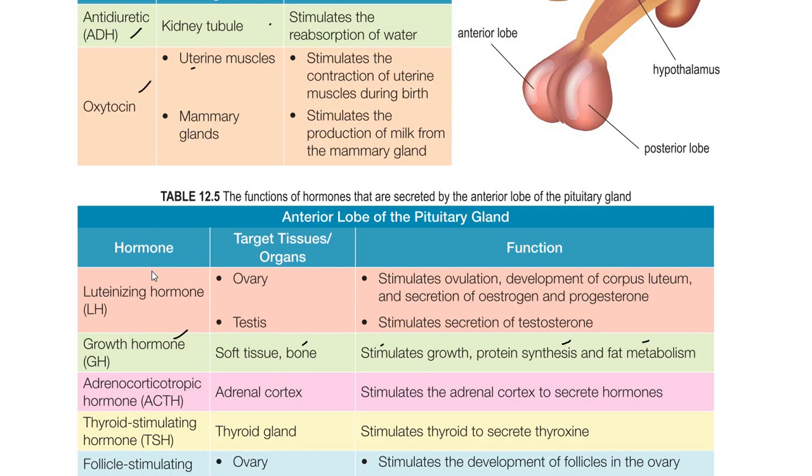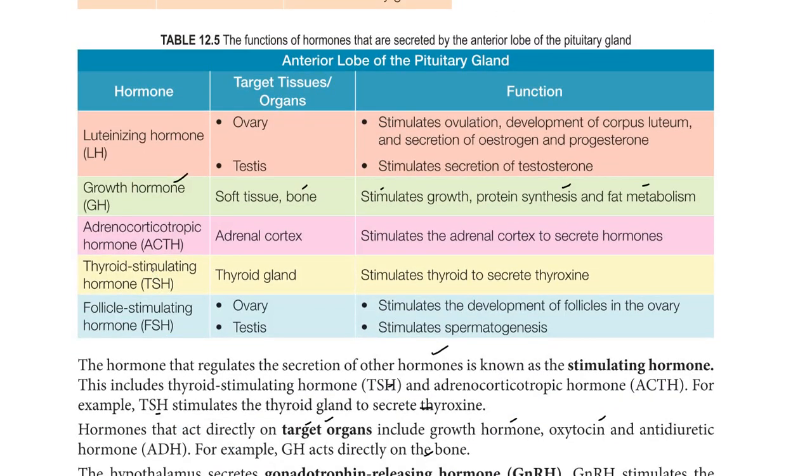Another category, we have TSH, thyroid stimulating hormone, and adrenocorticotropic hormone (ACTH). For these two hormones, for example, we take the thyroid gland. TSH will act on the thyroid gland, but the function will not occur in the thyroid gland. It will stimulate the thyroid to secrete thyroxine, which is another hormone, not doing any function for growth or whatever.